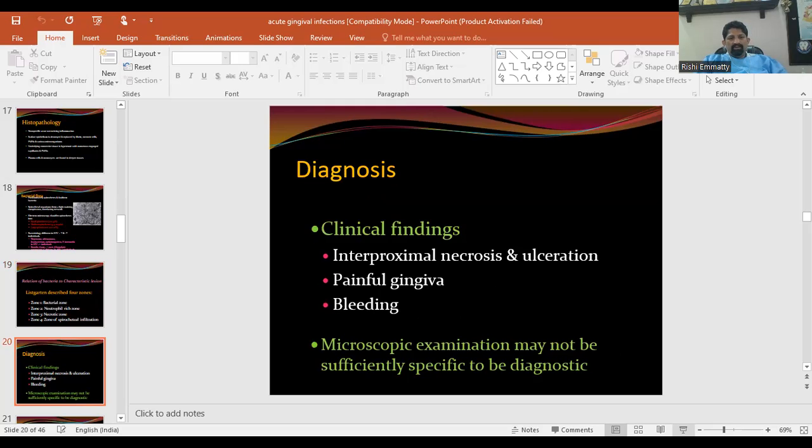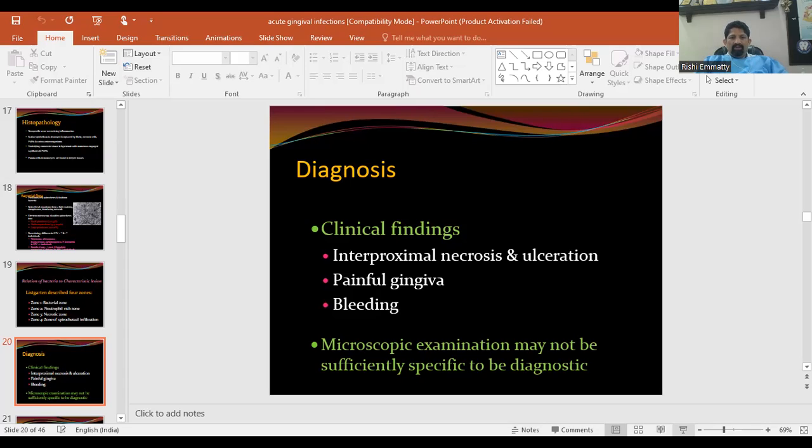And how do you diagnose? Diagnosis is easy and treatment is difficult, because it has typical clinical signs: the pseudomembranous slough and crateral depression on the interdental papilla. In the clinical findings, you can see interproximal necrosis and ulceration. The gingiva will be painful and there will be spontaneous bleeding on slight stimulation.